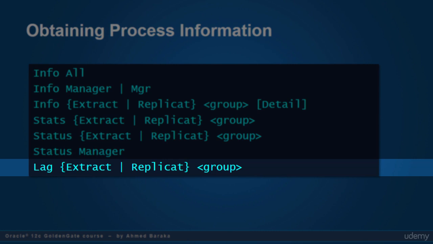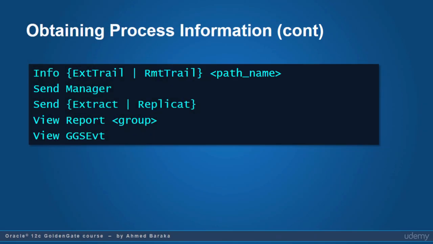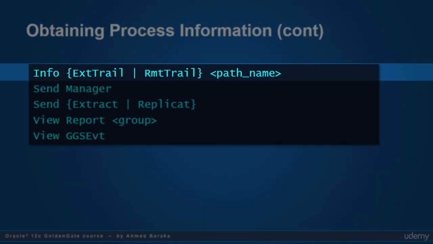LAG EXTRACT or REPLICAT reports the latency between the last record processed and the timestamp in the data source. INFO EXTTRAIL or RMTTRAIL provides information about the trail files like the name of the associated process, the position of the last data processed, and the maximum file size.